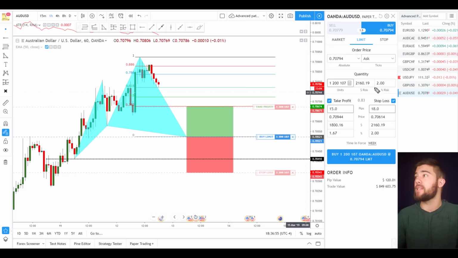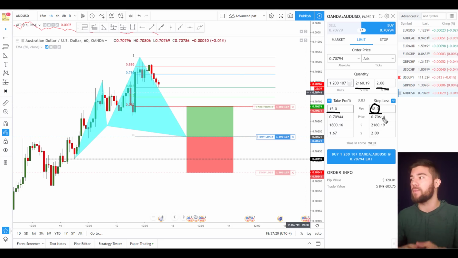And what that means is that I'm now risking 2% of this account, which is $2,160.19. It's an exact measurement of 2% of this account that I just risked. And I did that based on the take profit and stop loss. Really only based on the stop loss that I have set in this platform, in this trading order form.